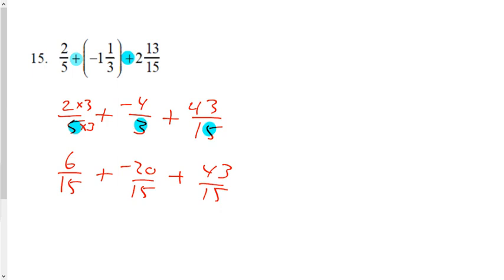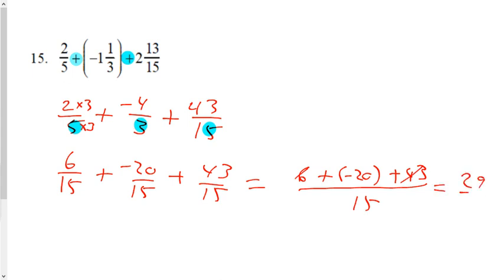And since it's just the addition of three fractions that all have the same denominator, just add your numerators and keep your denominator. So here I'm going to have 29/15, which is equal to 1 and 14/15.